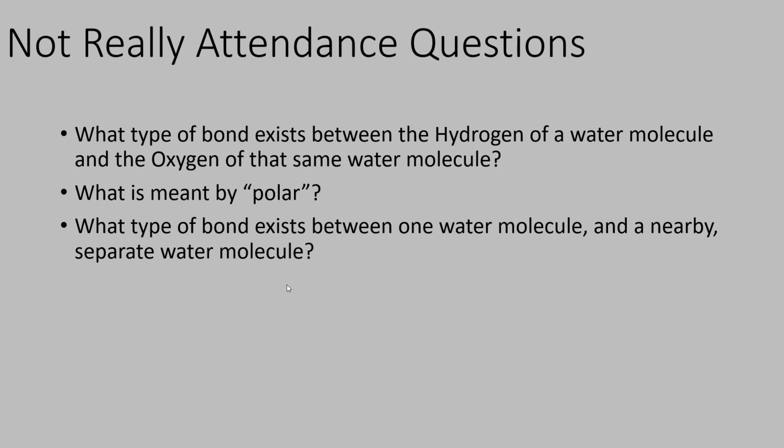And that then kind of leads us into the third question. What type of bond exists between one water molecule and a nearby separate water molecule? Here, because of the polarity of water molecules, it leads to something called hydrogen bonds. Now, the hydrogen bond, like we said, is not just the bond between hydrogen and something else.